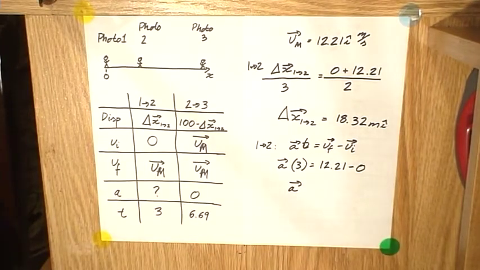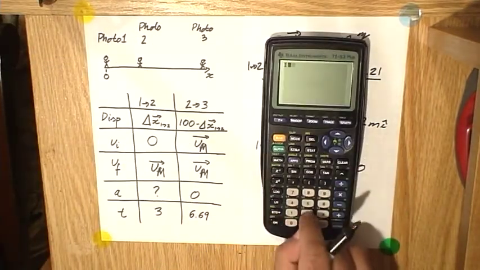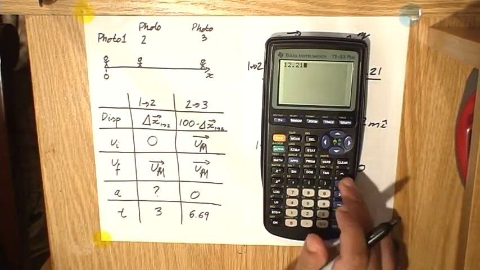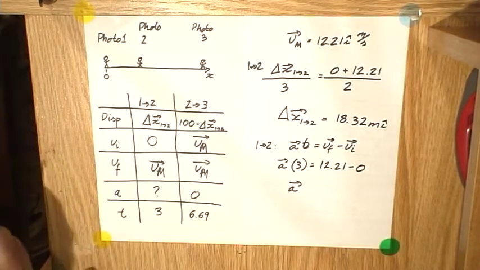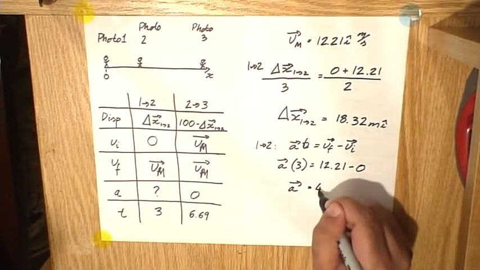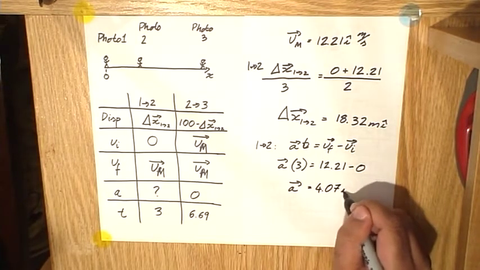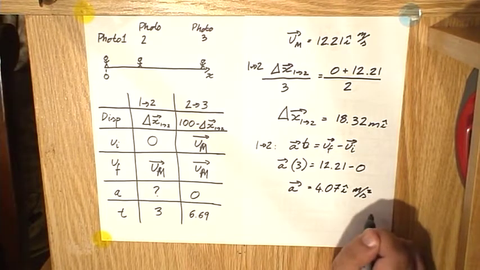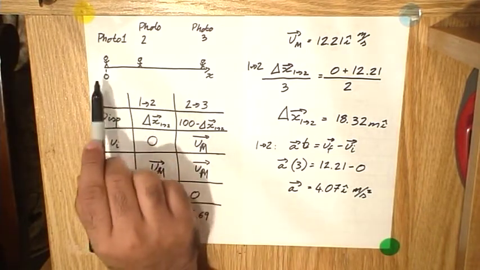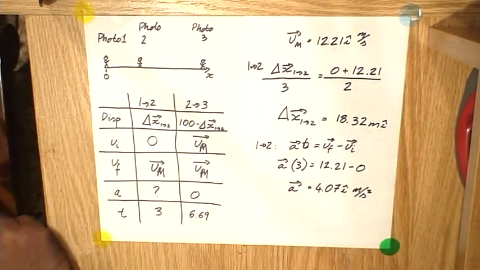So A is going to be 12.21 minus 0, which is of course 12.21, divided by 3 gives us 4.07. 4.07 i hat meters per second squared. That was Usain Bolt's acceleration between photo 1 and photo 2.